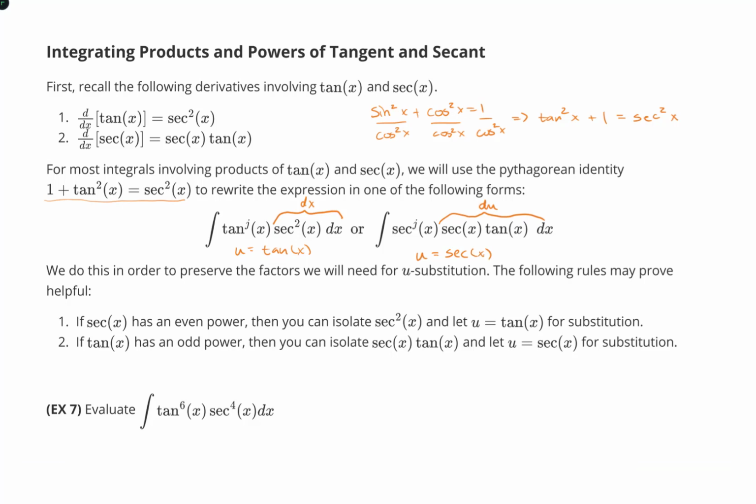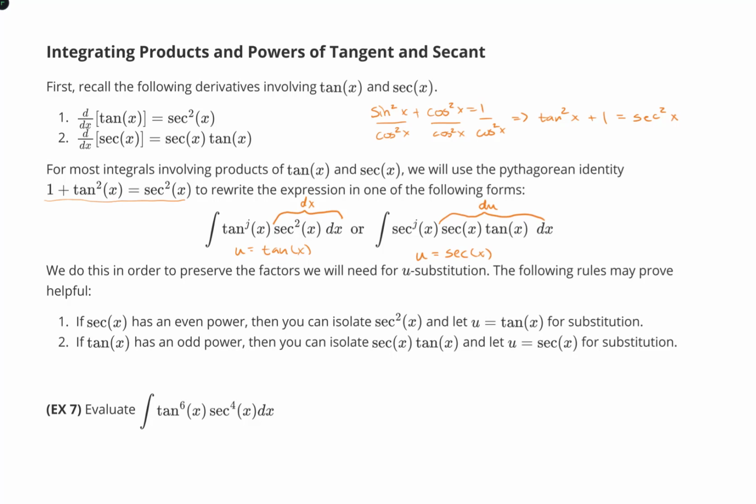To help out in identifying when this might work out, if secant has an even power, then you should be able to isolate secant squared and substitute using u equals tangent. If tangent has an odd power, you can generally preserve secant times tangent and then let u equals secant for your substitution.